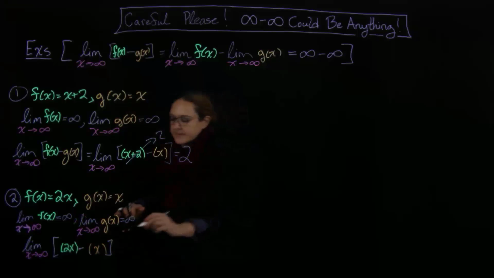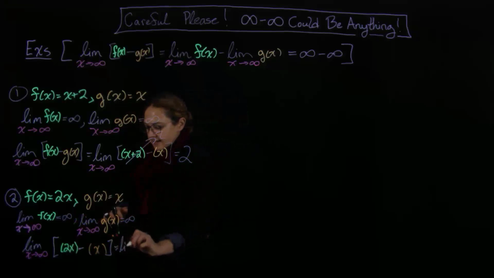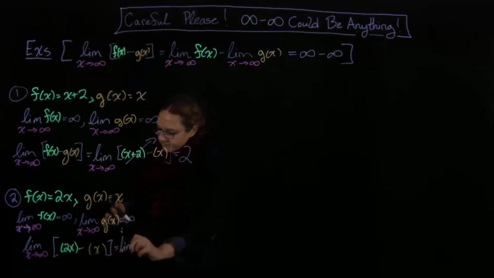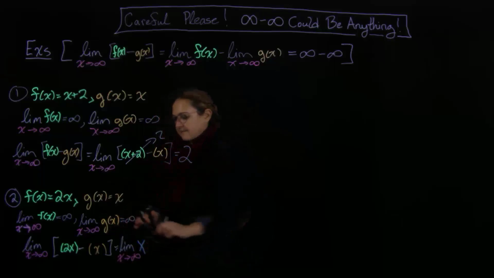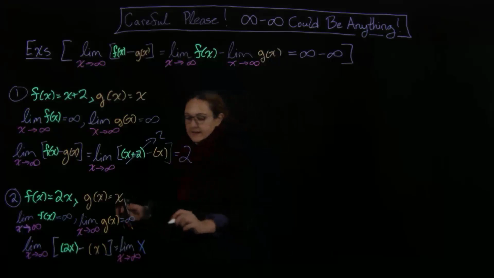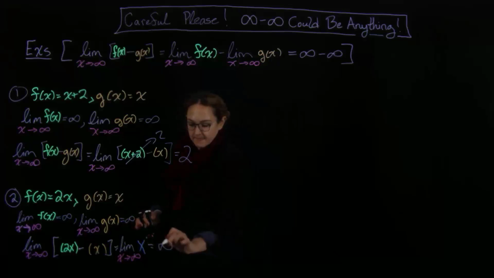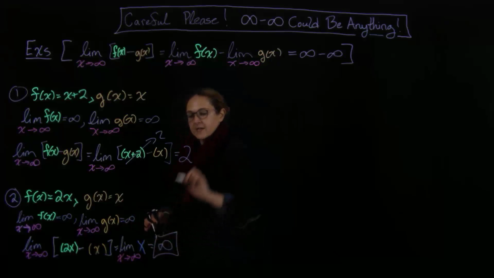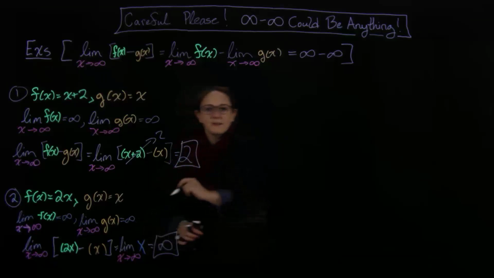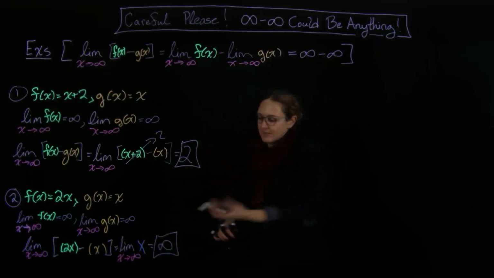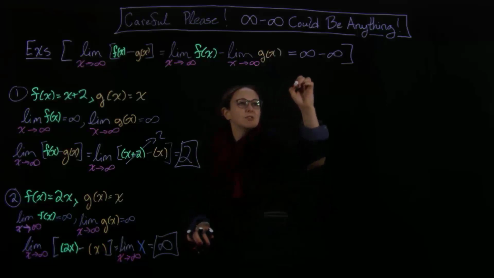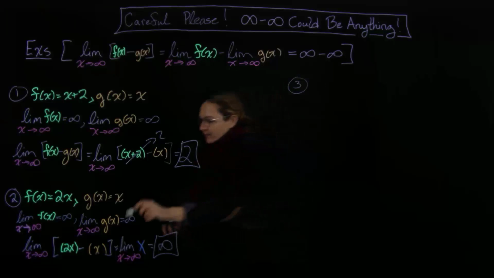So I'm taking the limit as x goes to infinity of just x. That's what I'm left with, and this is going to be infinity. So far I've managed to get any number. I got 2 there, but I could just replace that 2 with anything. I could have gotten any number. I could get infinity.